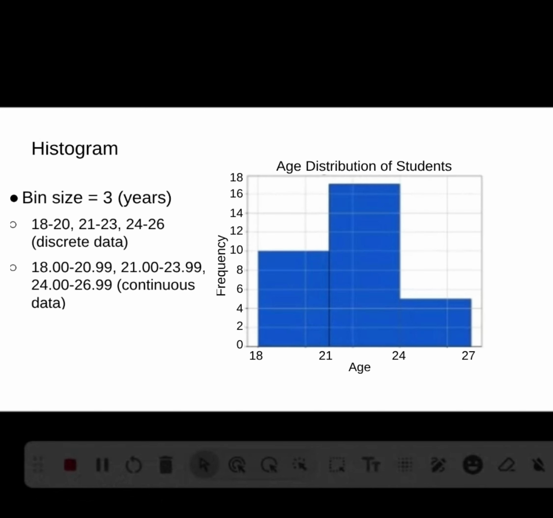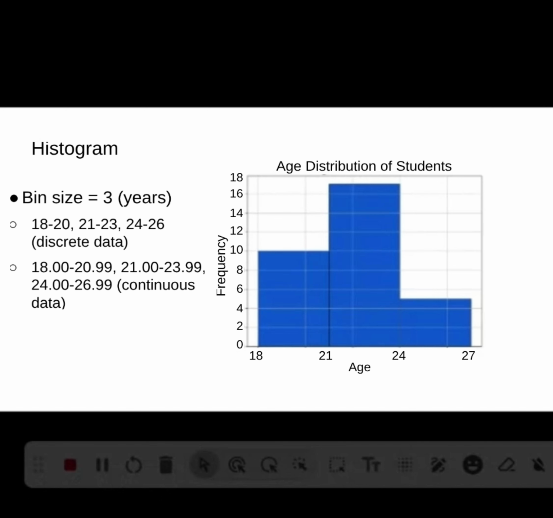But it's often also used for discrete data. For discrete data, each bar only covers 3 values at 3 points: 18, 19, 20, then 21, 22, 23, and finally 24, 25, 26.